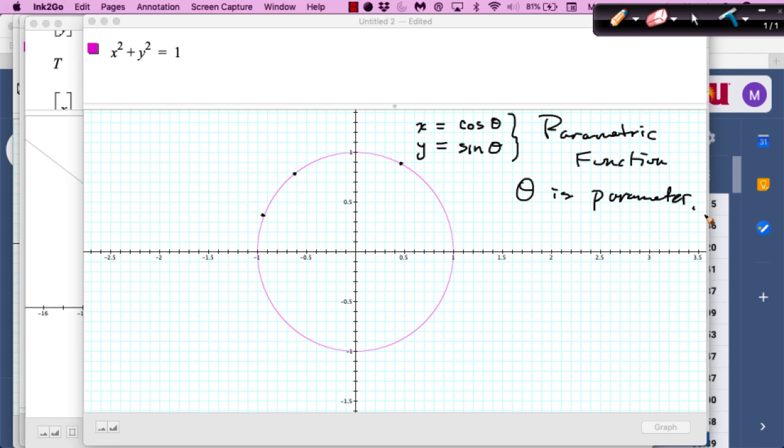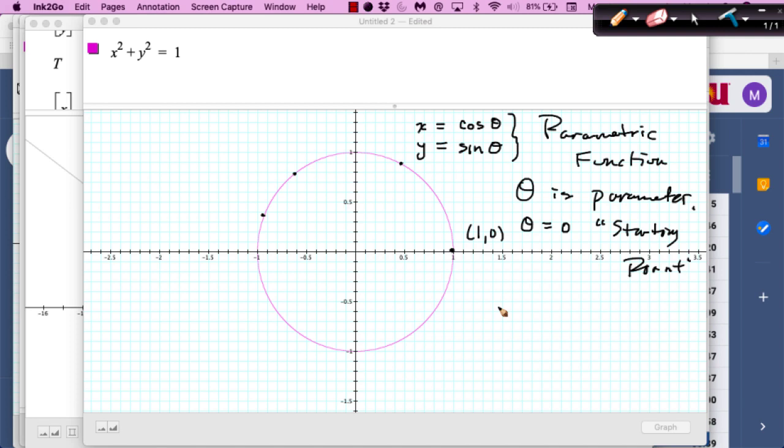Okay, and so then we could talk about the starting point. For theta equals 0, the graph starts to be generated. Where is that? 1, 0, right? Cosine of 0 is 1, sine of 0 is 0, so 1, 0. And then what's the direction of this curve?